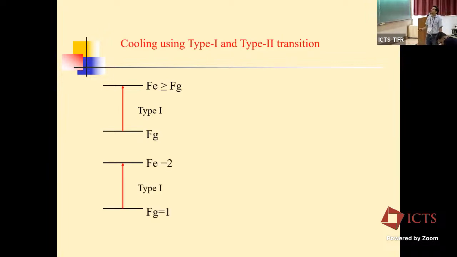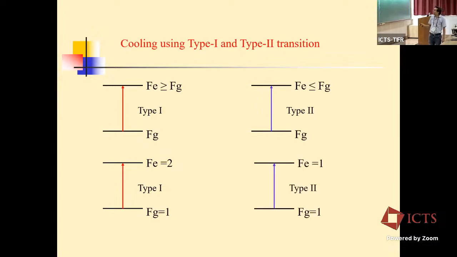For example, type 1 transition is Fg equal to 1 to 2, which we are using for the repumper. If the excited state is smaller or equal, then it is called type 2 transition. And if we have the repumper at 1 to 1, then it will be type 2 transition.